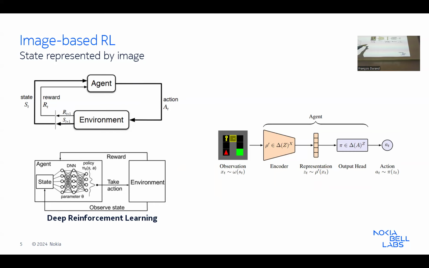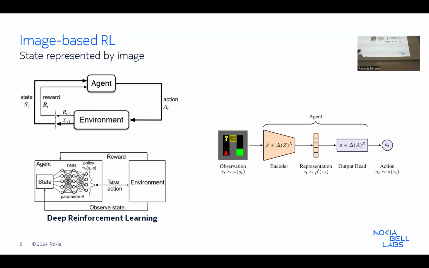And generally, the way RL works when you have an image state is that you'll have some encoder that gives you a representation of the state. So we'll have this notion of the observation, which is literally the input state that's given to you.